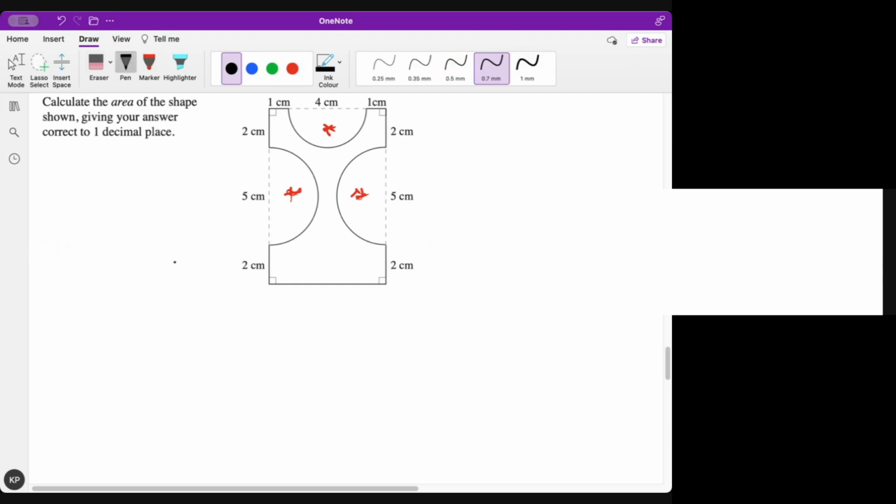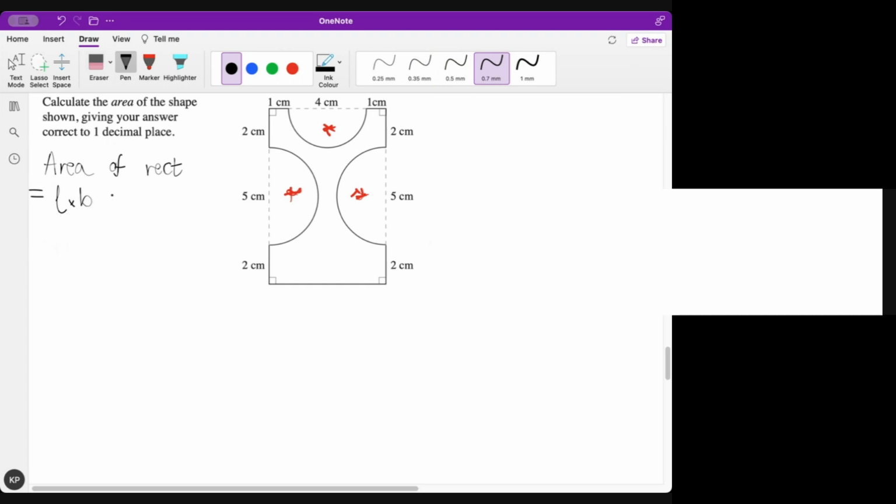There we go. So obviously, we first start off with the area of the big shape, which is your rectangle. So I'm going to say area of the rectangle. And that's easy enough, length times breadth. What's the length of this rectangle? My length will be 9.